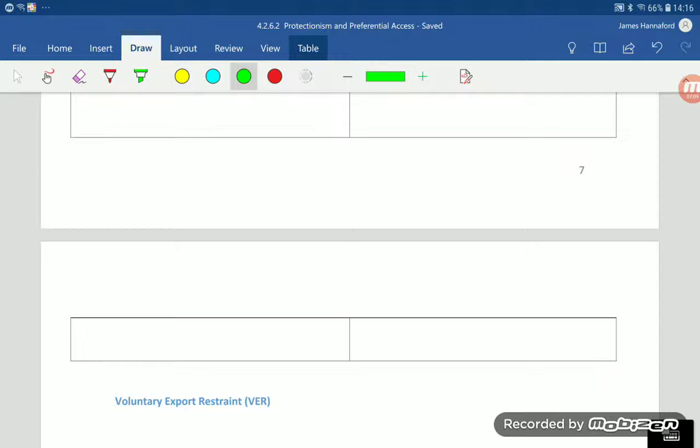Another form of protectionism I would like to tell you about is called a voluntary export restraint. I'm not going to provide the diagram for this, but they can be found in my set of notes. A voluntary export restraint, VER, is where two countries make an agreement to limit the volume of their exports to one another over an agreed time period.